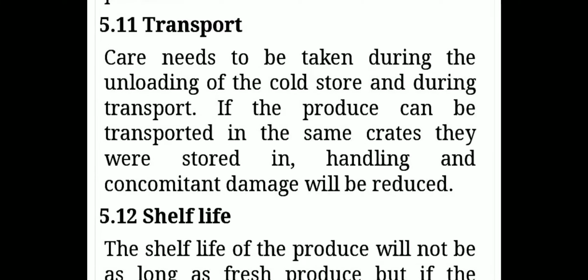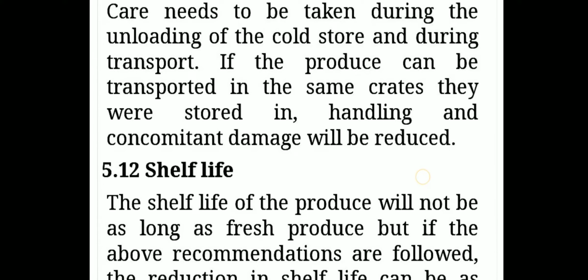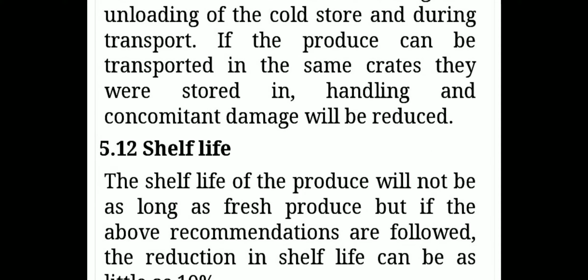Then during transport, loading and unloading should be smooth, means the handling of the packaged material and crates should be with care, so that contamination or damage is minimized.